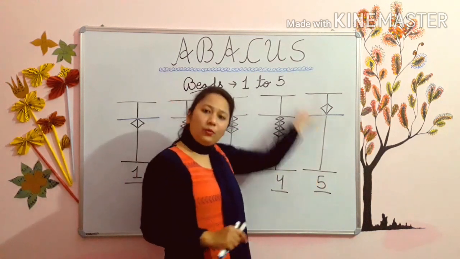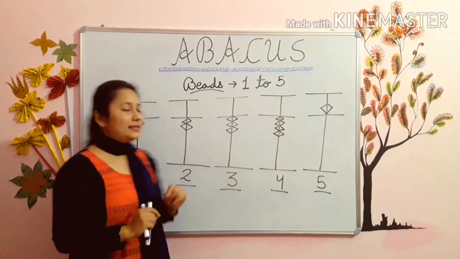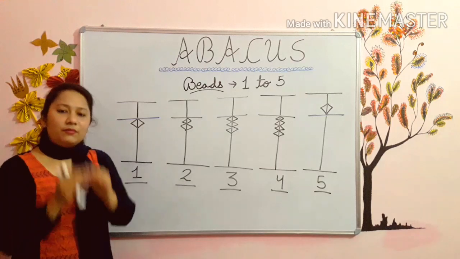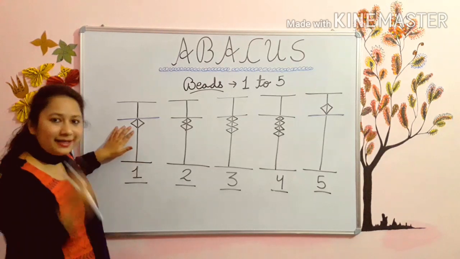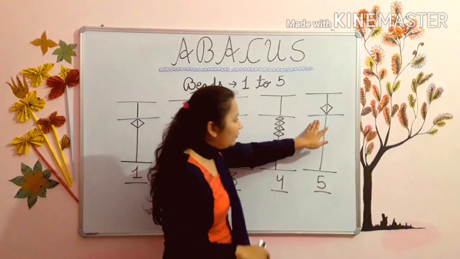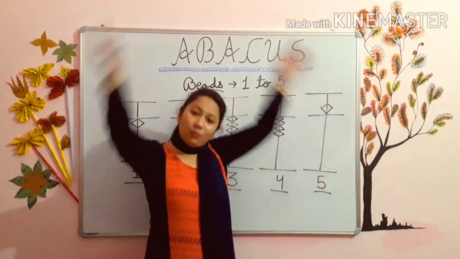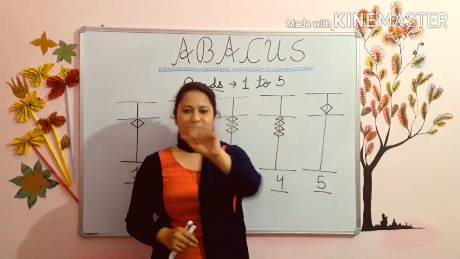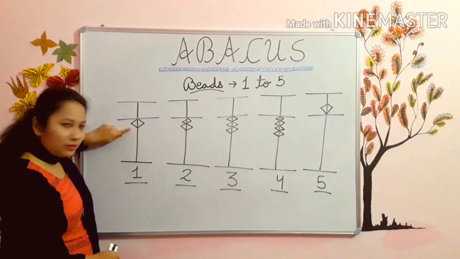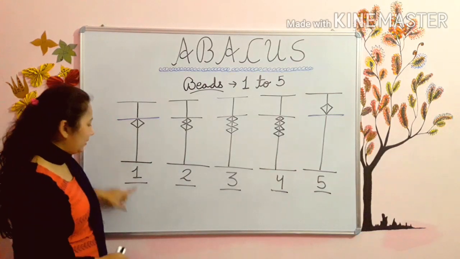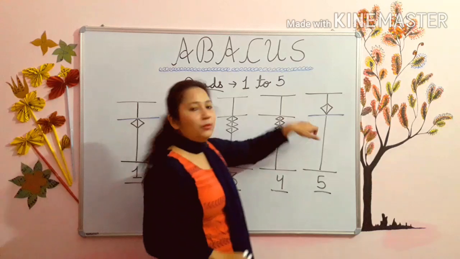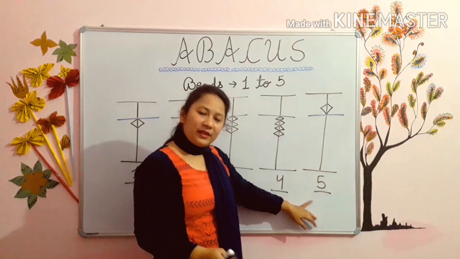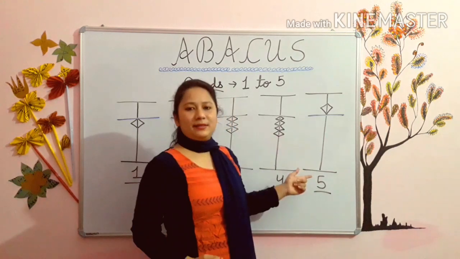So just remember kids, the beat which is below the line is small, and that beat is 1. The beat which is above the line becomes big, and that beat is 5. This way you can remember this.